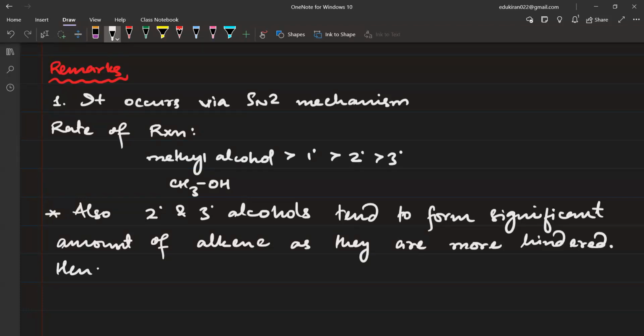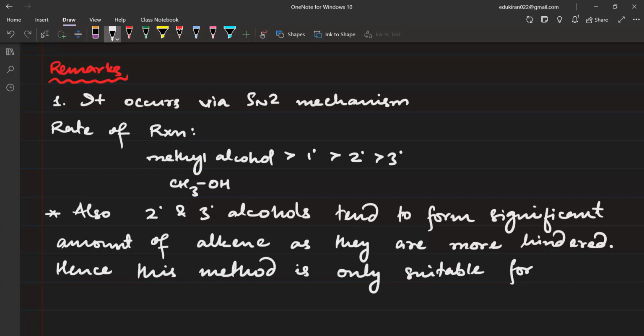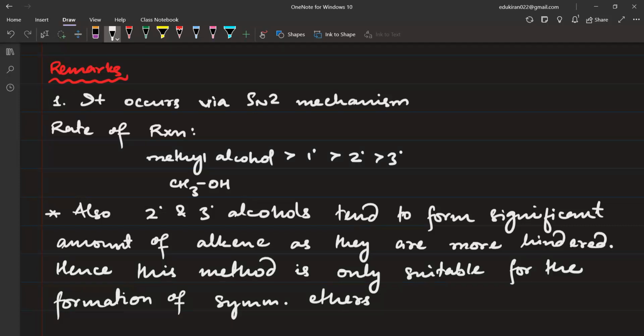Hence, this method is only suitable for the formation of symmetrical ethers using 1 degree alcohols.